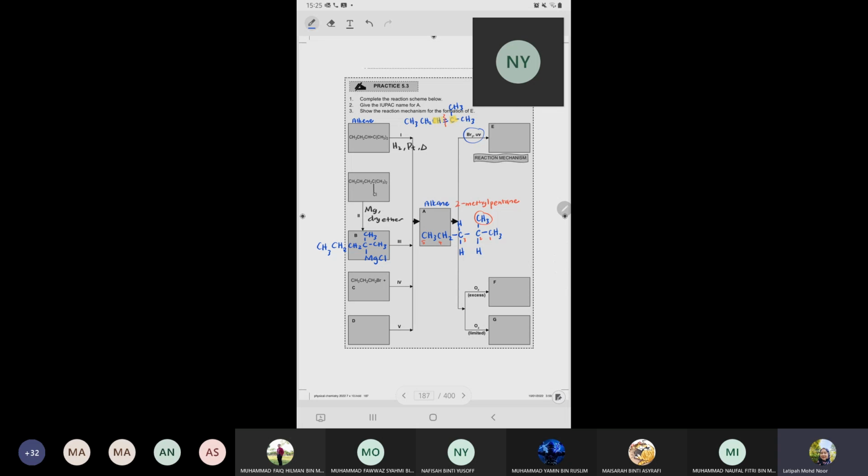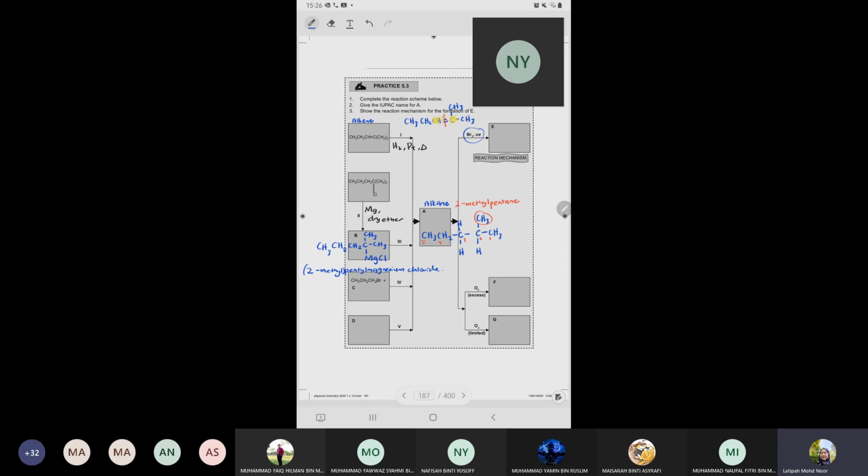Okay, nama Grignard reagent ni adalah 2-methylpentyl magnesium chloride. Okay, biasanya kita tak suruh namakan Grignard reagent, so jangan risau.